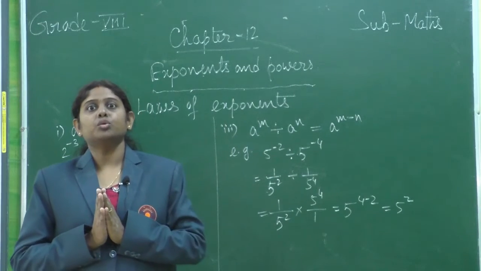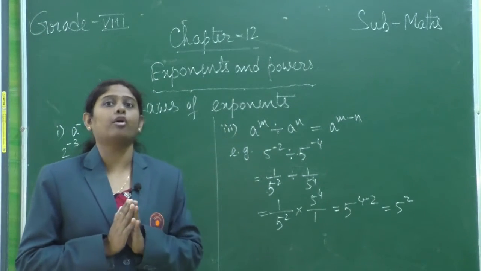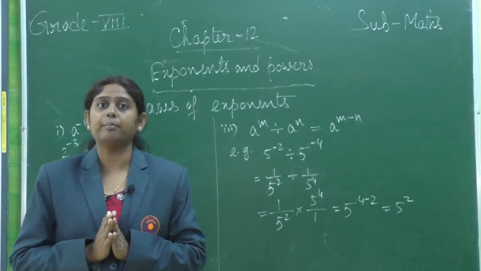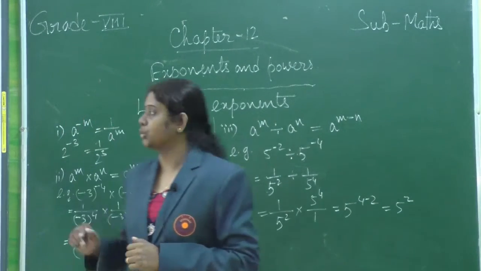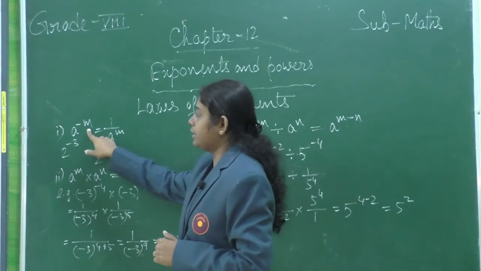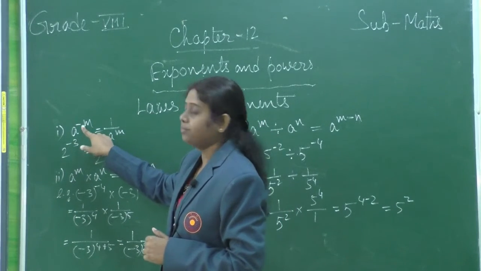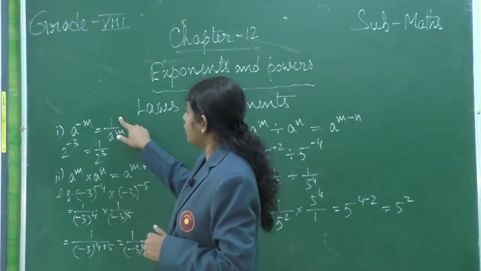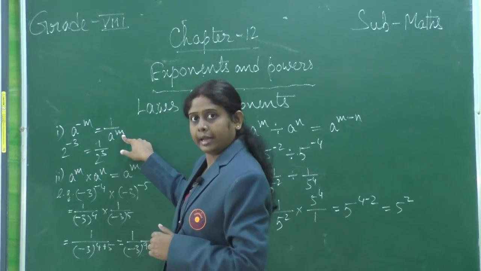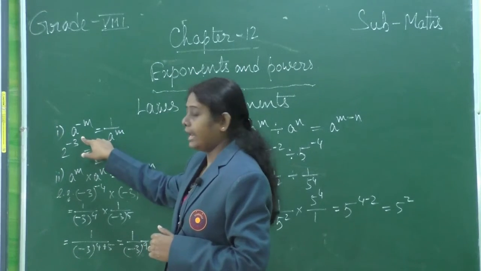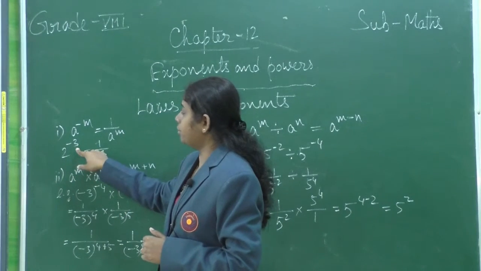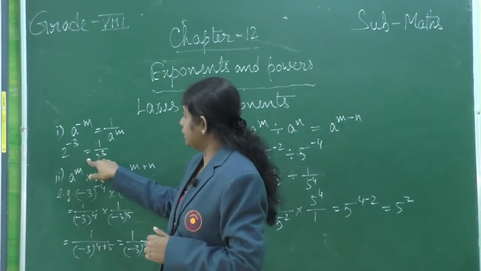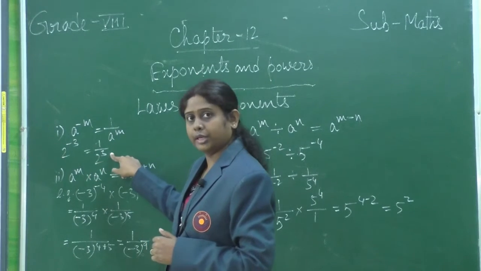That same law we are going to check for negative numbers m and n here. So let us start with the first rule. a to the power minus m we can write as 1 upon a to the power m for any non-zero number a. Example: 2 to the power minus 3 is equal to 1 by 2 cube.